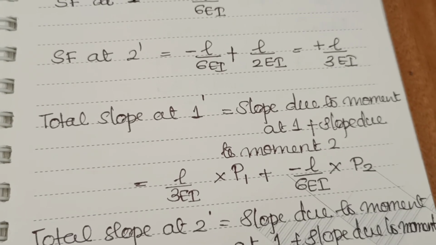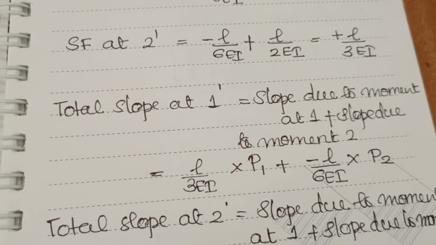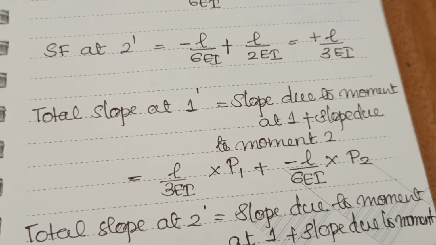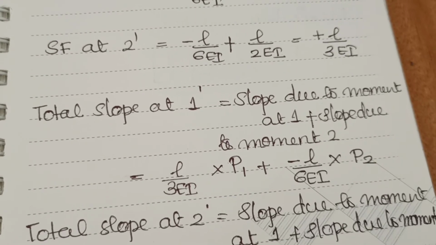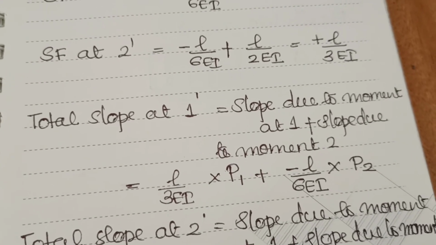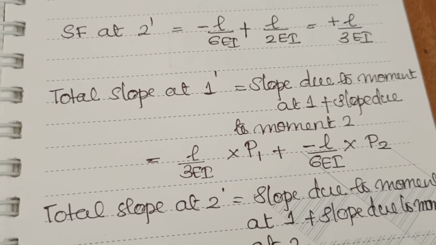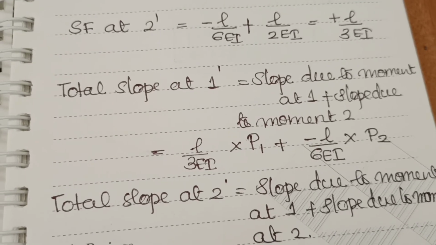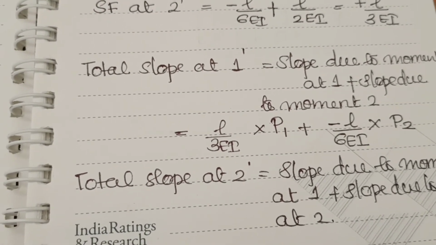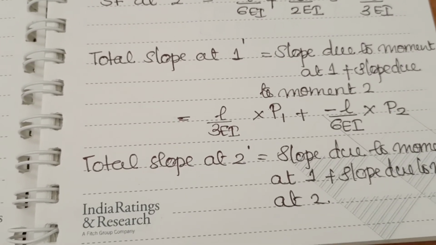Here we got the slope due to unit moment. We have to multiply the value of moment to get the real, total slope.